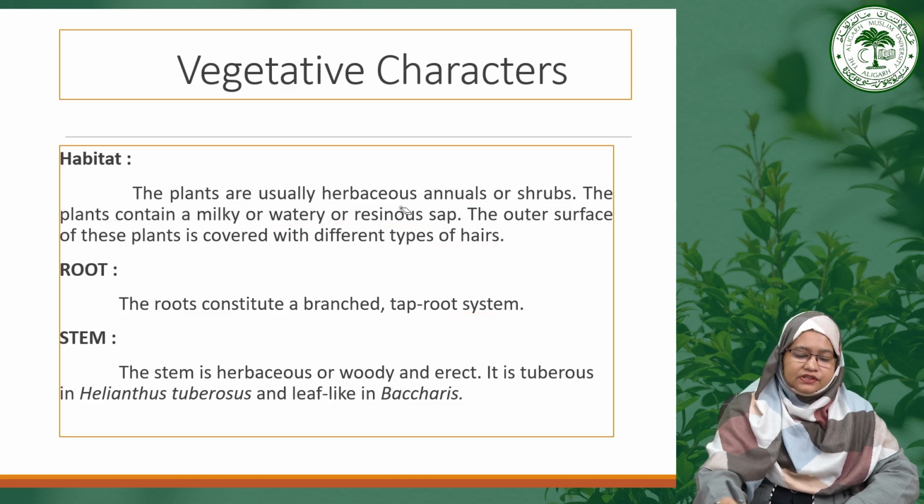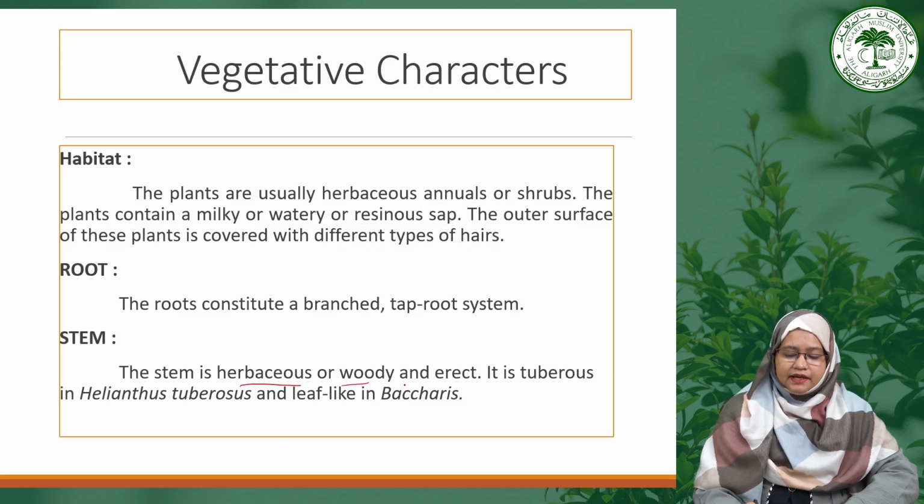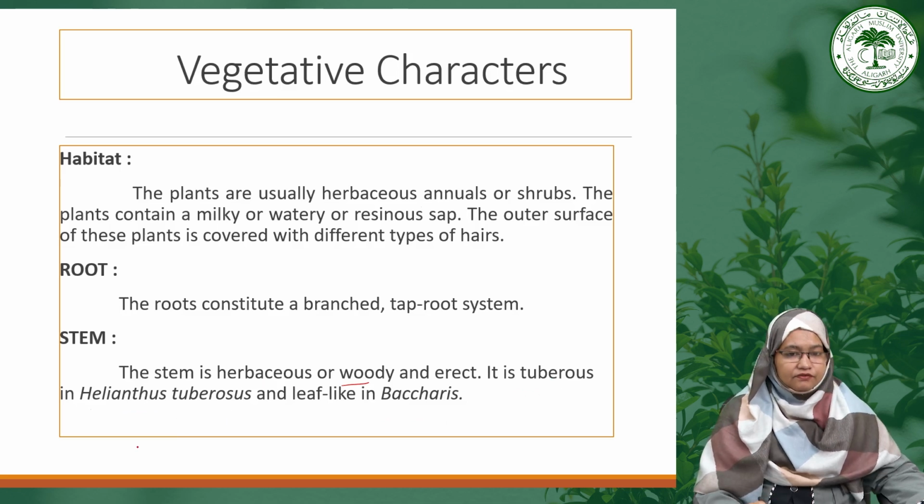The stem is herbaceous, woody if the plant is a shrub, and erect; it is tuberous in Helianthus tuberosus, and may be leaf-like in Baccharis. So these plants generally have herbaceous and woody stems.